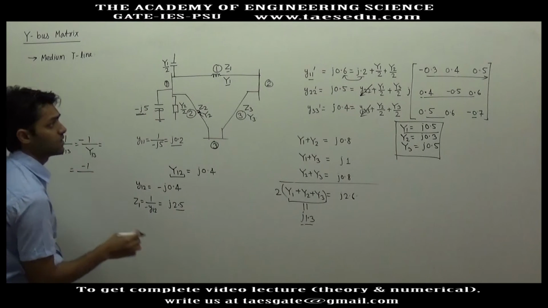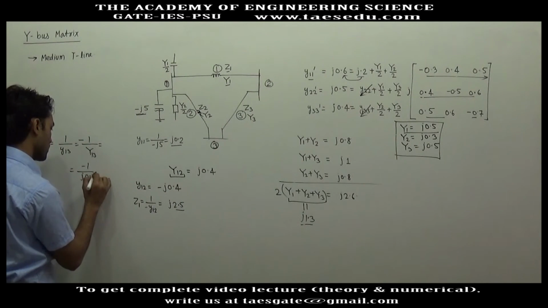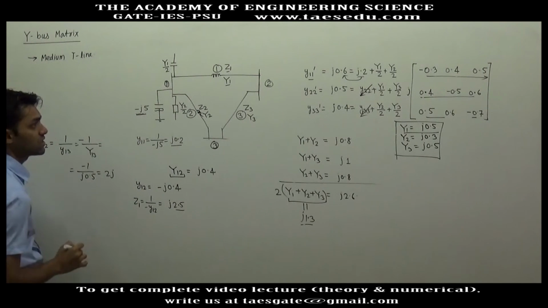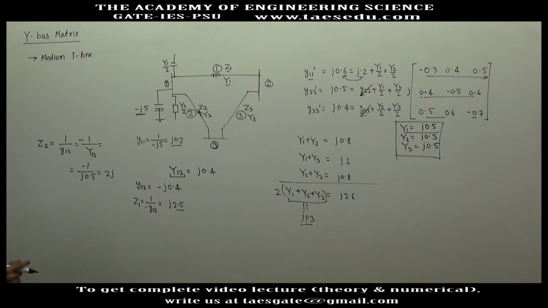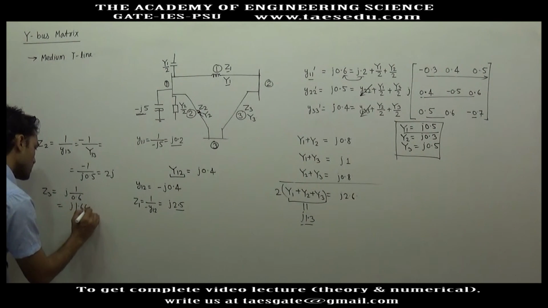Minus 1 divided by Y13 is j 0.5. You will get it 2j, and similarly you will get Z3 as j 1 by 0.6, j 1.66.